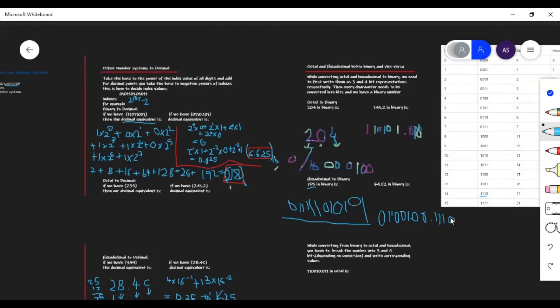And 2 is 0010. So now this number that you see in front of you is the binary conversion of ASCII.